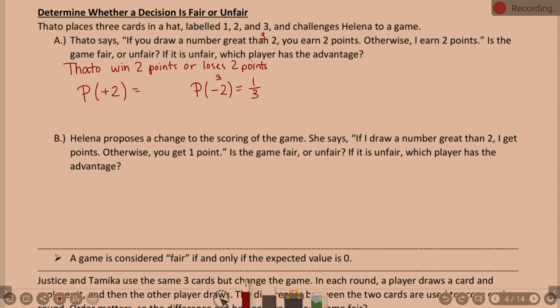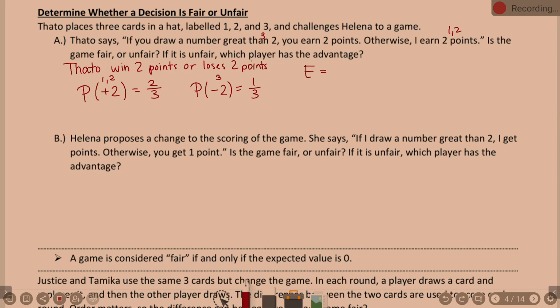Now, otherwise, I earn 2 points. When does he earn 2 points? When you draw a 1 or a 2. What's the probability of drawing a 1 or a 2? 2/3. Okay? I set this up in relation to points, and I picked Theo since Theo was the one setting this up. But expected value, we've been talking about expected value the past 2 days, right?